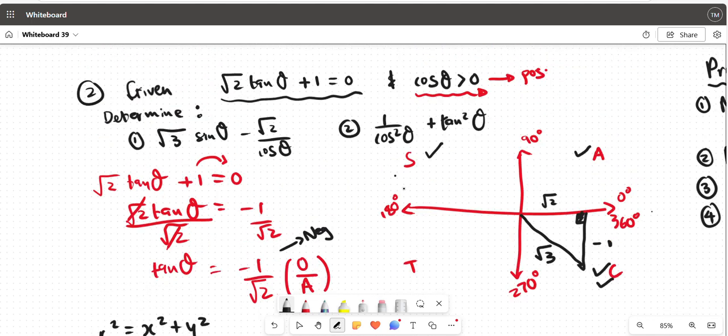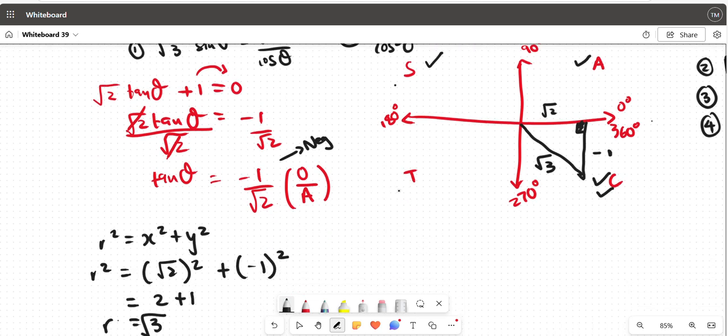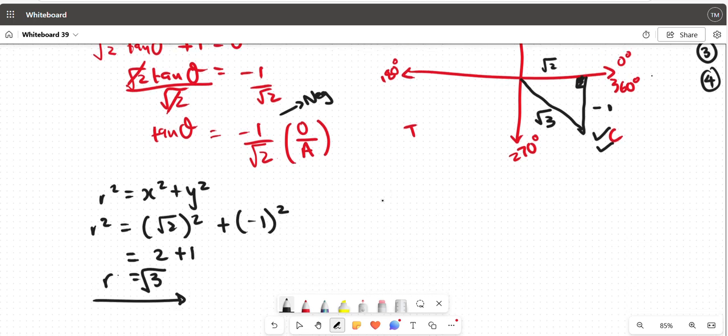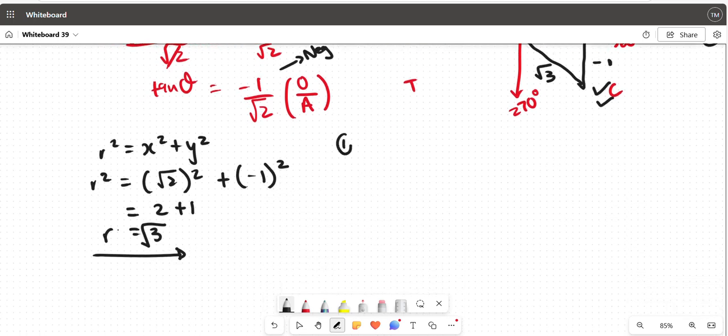So the first one was, what is root 3 of sine minus root 2 of cos? So it says root 3 of sine theta minus root 2 of cos theta. So let's substitute.